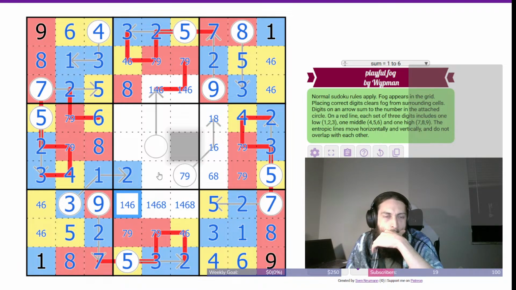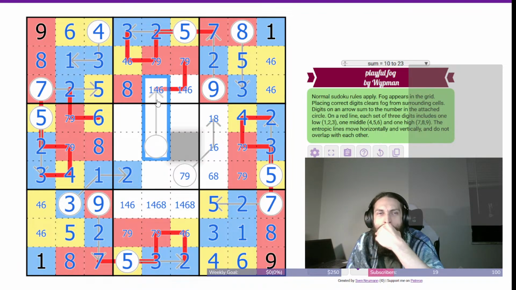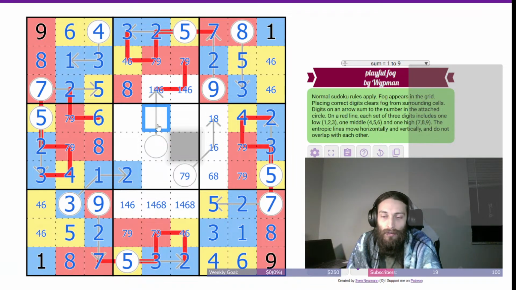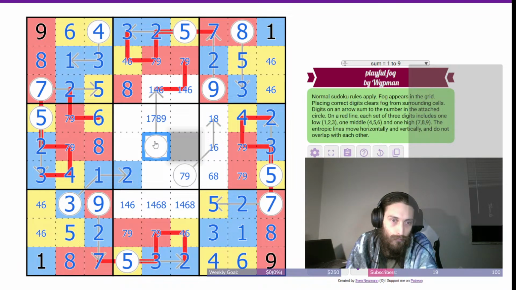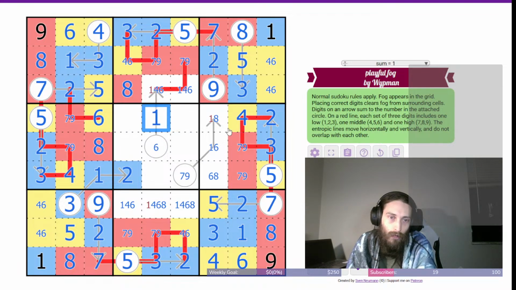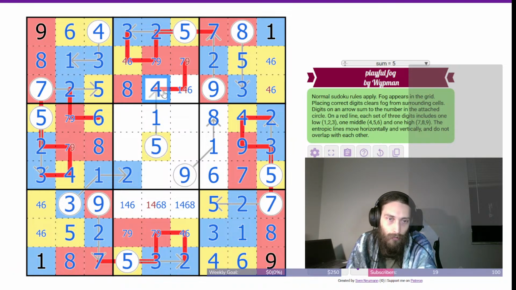The arrow that goes from box 5 up, the circle cannot be high because there's 3 high in the row. So it's maximum 6. So 7, 8, 9 goes off. That ends at 8, 1. And the 4 and the 6 comes out. So that's 5.